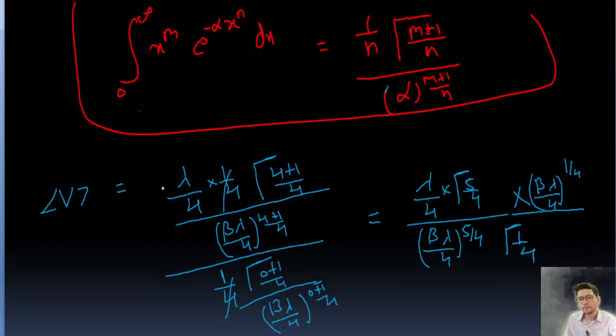Now we need to know how to solve this gamma 5 by 4 and gamma 1 by 4, right? I'll tell you how to do it.